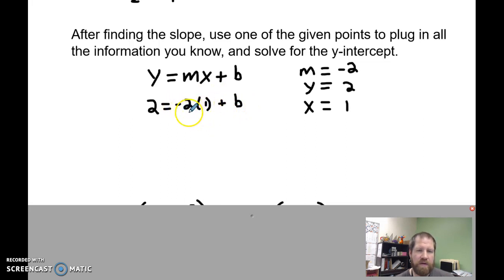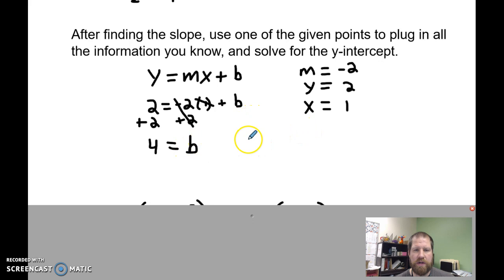And if I'm trying to move things away from my variable, my y-intercept, then I'm going to do the opposite. Add 2 to both sides so that I cancel this one. I've got 2 plus 2, or 4, is equal to b. And if 4 is equal to my y-intercept, that's what my y-intercept is.